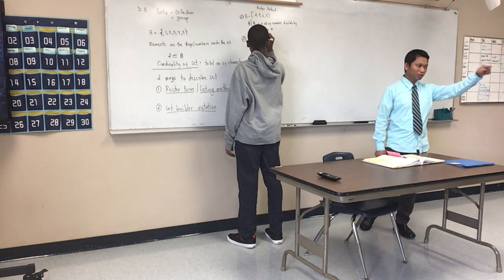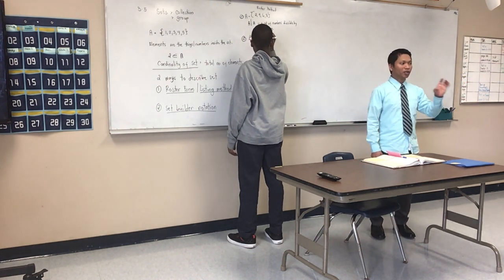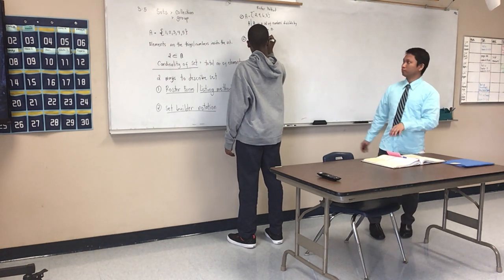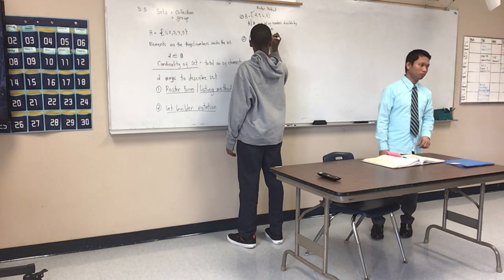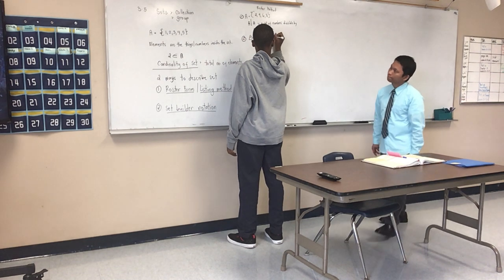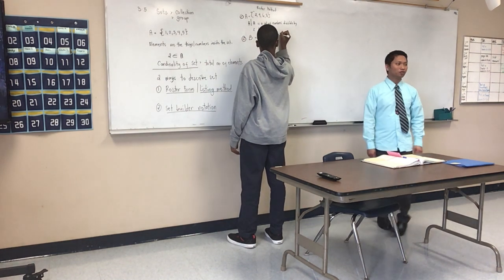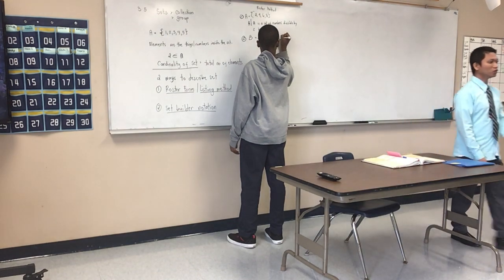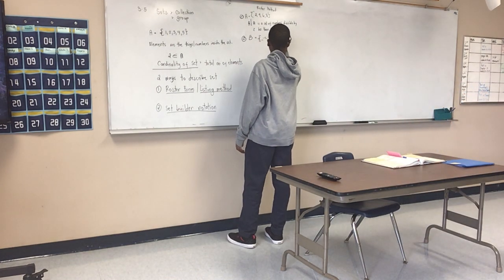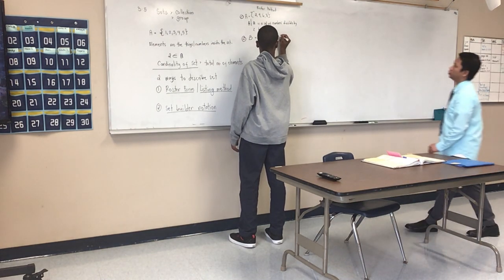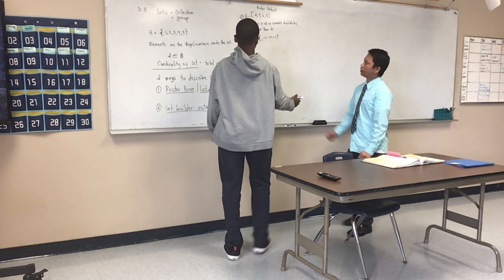We use the braces because if the elements are not inside the braces, then that's not a set. When we talk about integers, it includes the positive and negative numbers on a number line, including 0. Very good.